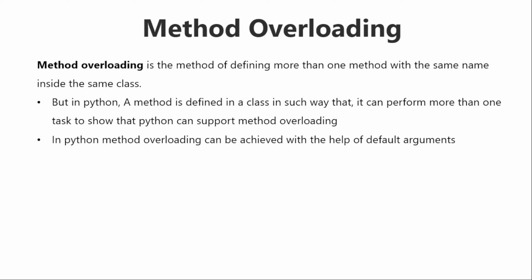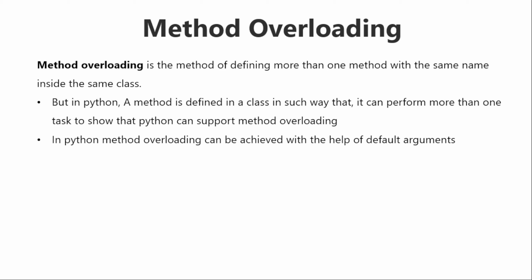In Python, a method is defined in a class in such a way that it can perform more than one task to show that Python can support method overloading. This is case 1, and in case 2, method overloading can be achieved with the help of default arguments. We have discussed default arguments in functions. We have four types of actual arguments: positional arguments, default arguments, keyword arguments, and variable length arguments.